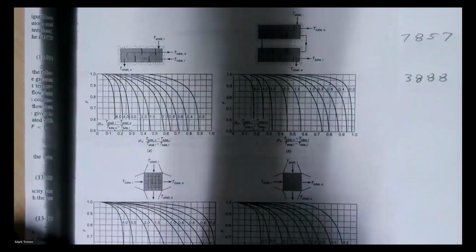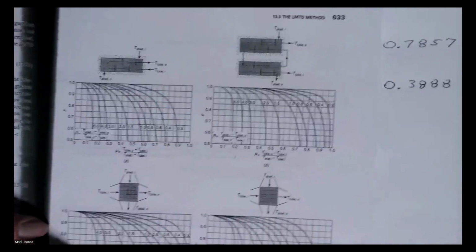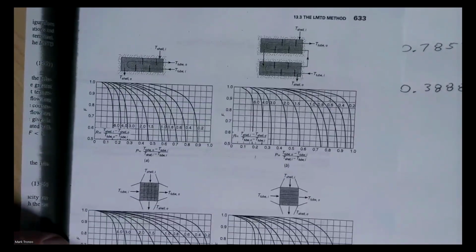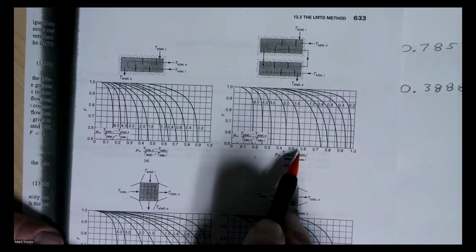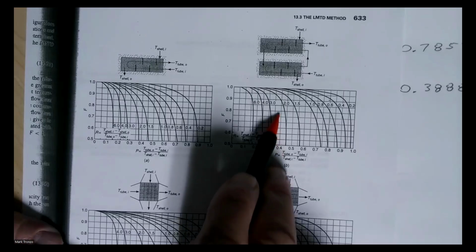Let me see if I can focus this a little bit. So again, now we have for P, it's 0.3888, which is way over here.